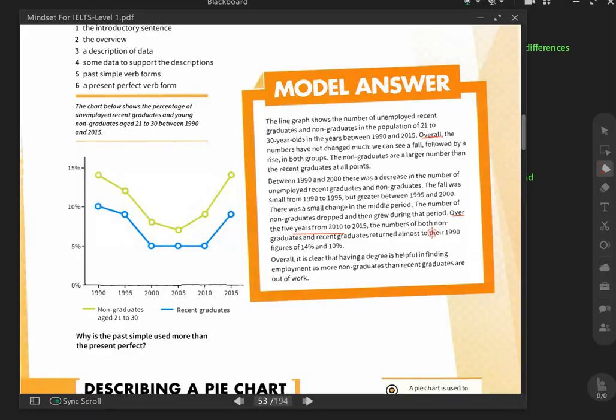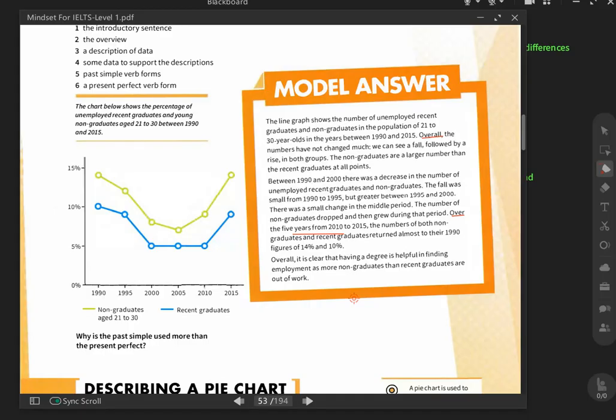Can you find? I can't find. Okay, let's see. Yeah, the numbers have not changed much.